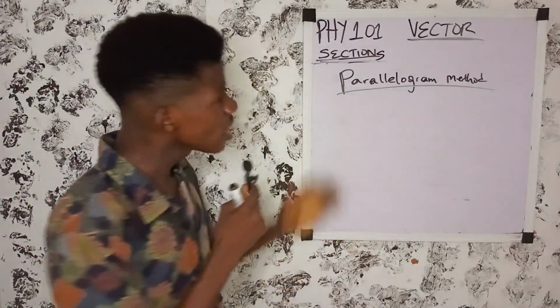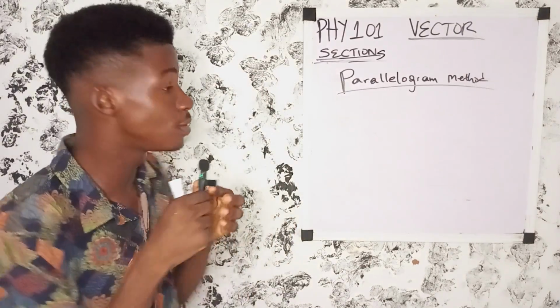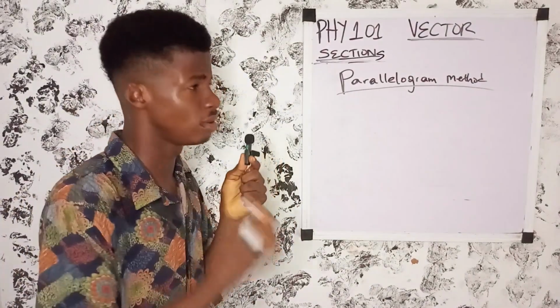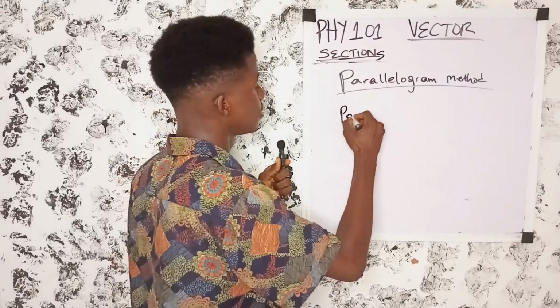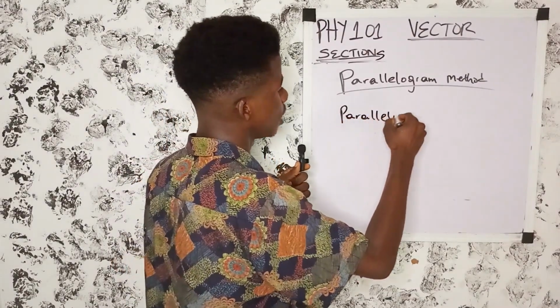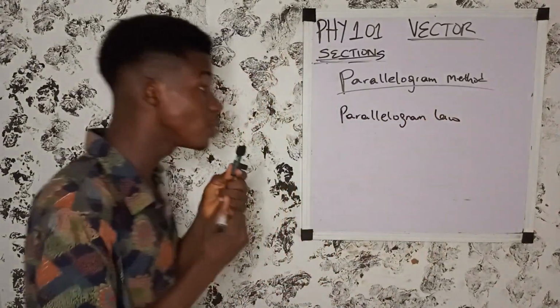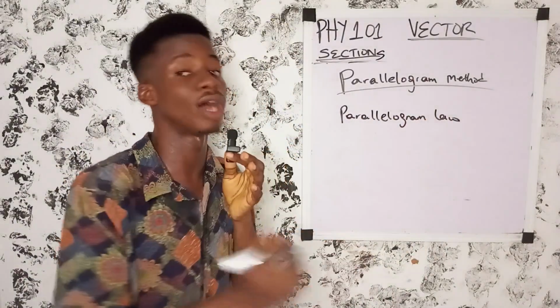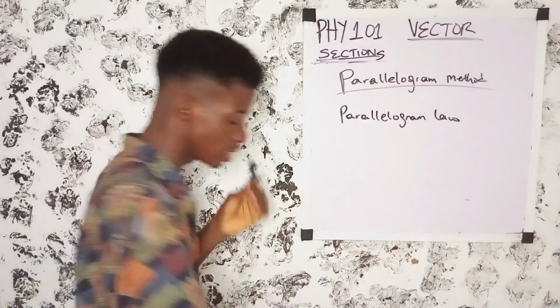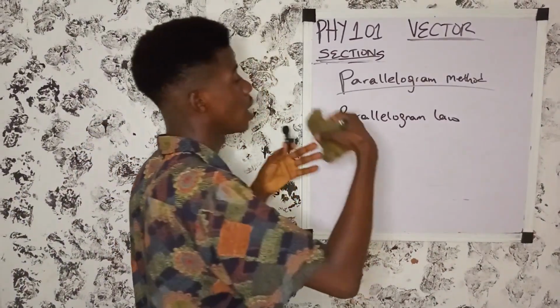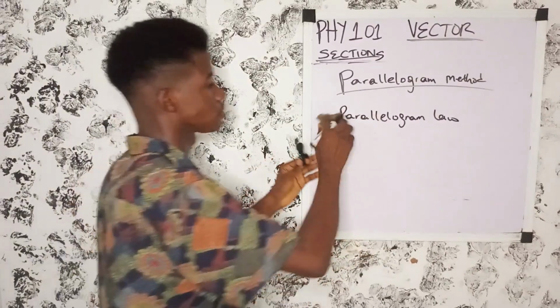Now there's what we call the parallelogram law of vectors. I'm not going to write this on the board, but I will state it by mouth. Let me tell you what the parallelogram law is saying.